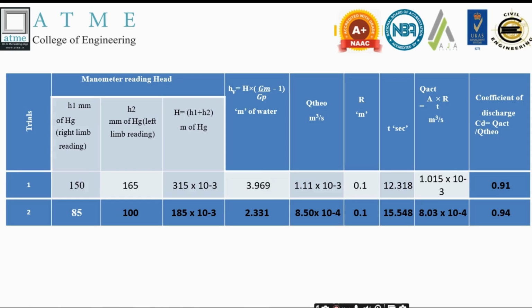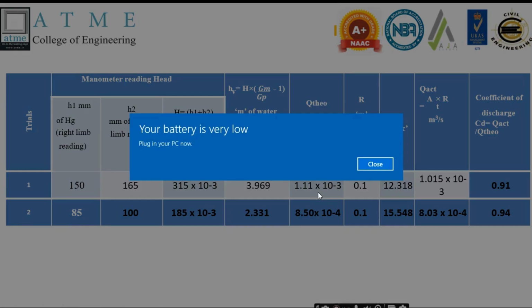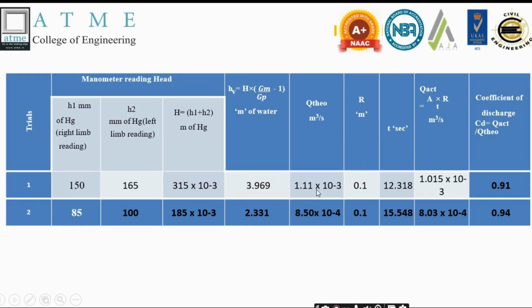Once the Venturimeter head is calculated, directly substitute all the values in the Q theoretical expression and calculate the theoretical discharge. Here we have got 1.11 into 10 power minus 3.